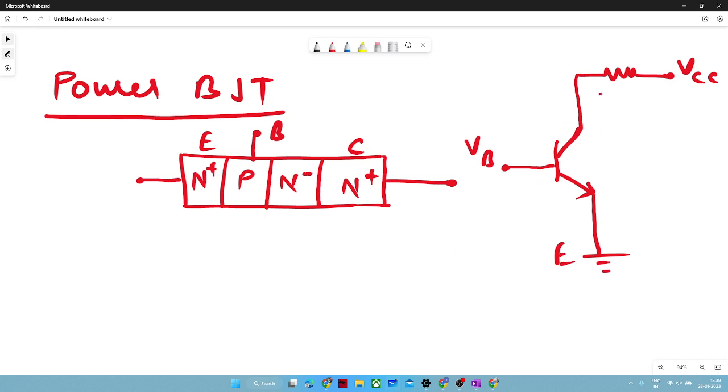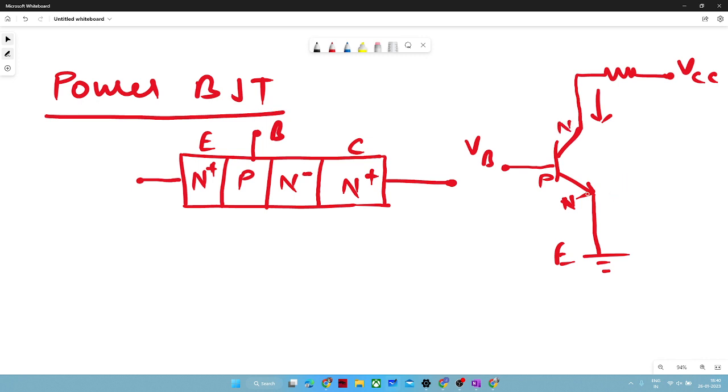So here the current that will flow to the emitter, the notation of current is flowing from P base to N emitter. So this is one PN diode and this is one PN diode.